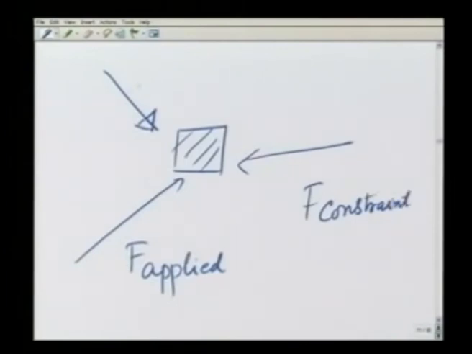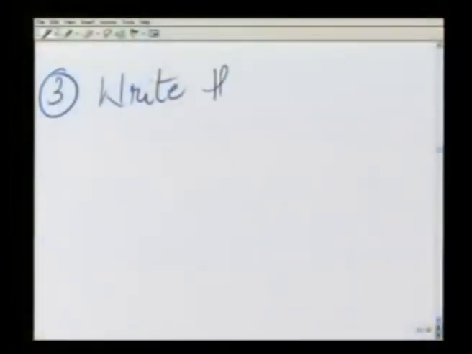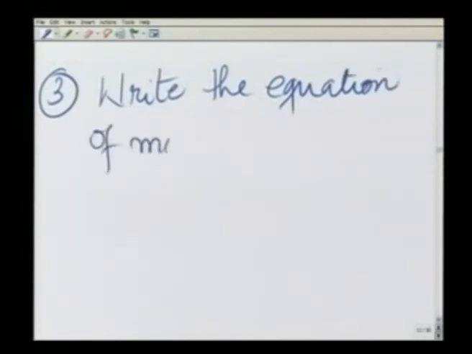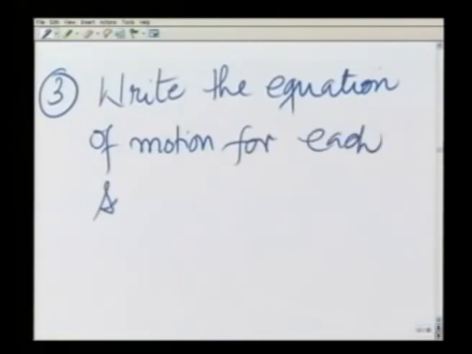There may be more than one constraint force, and that is my free body diagram. The third step is then: write the equation of motion for each subsystem.